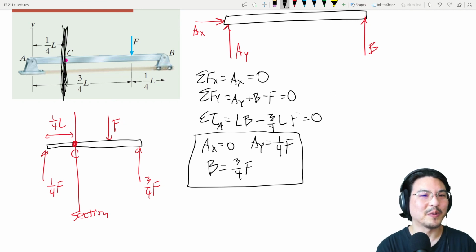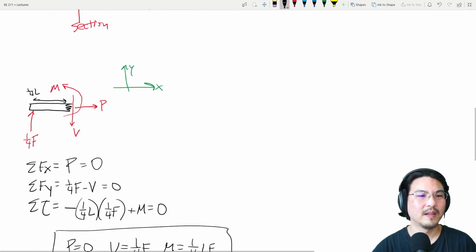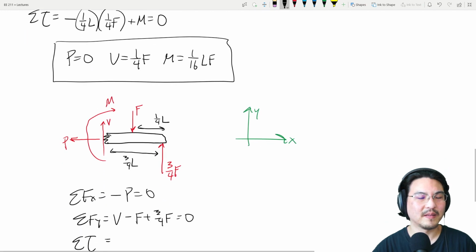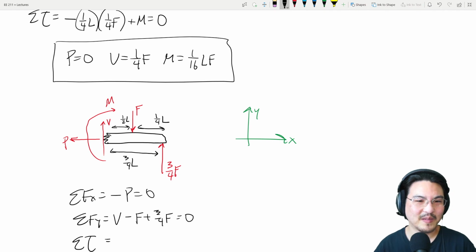Right here to here is 1/4. Here to here is 1/4. So here to here is 1/2. Oh, yeah, I labeled it correctly. Okay. So here to here is 1/2 L.